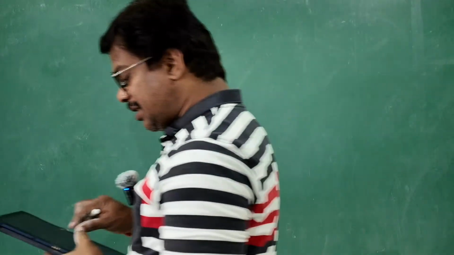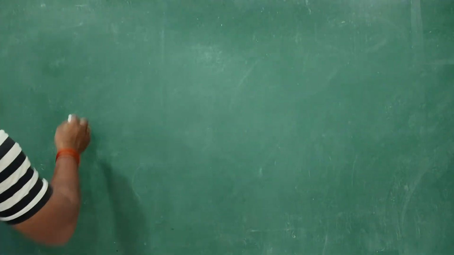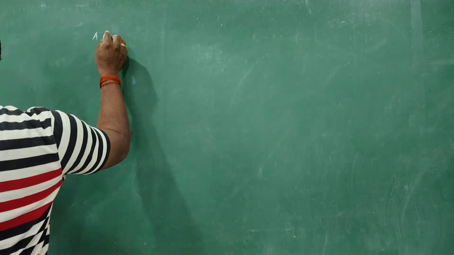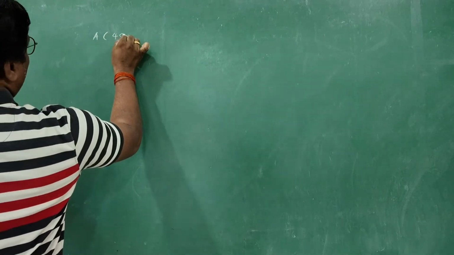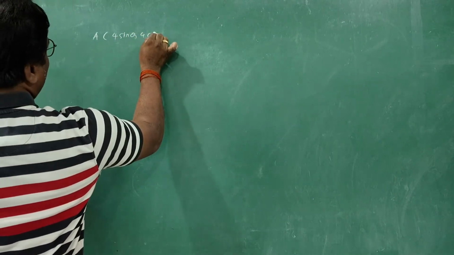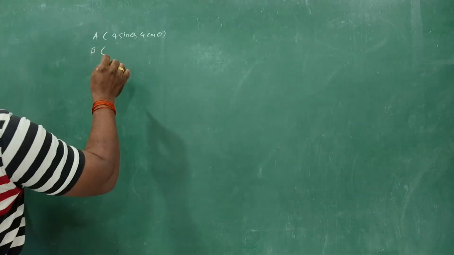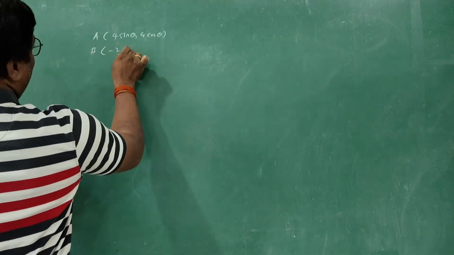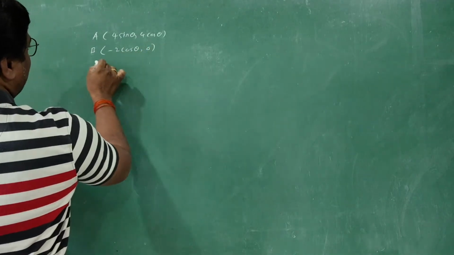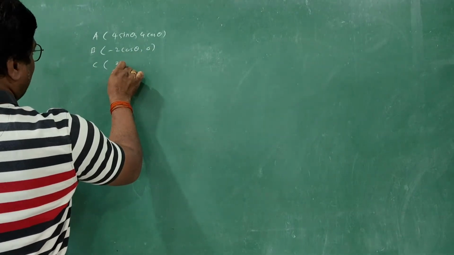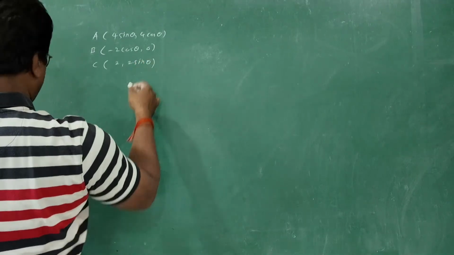In triangle ABC, coordinates of A are given as 4 sin theta comma 4 cos theta, coordinates of B are given as minus 2 cos theta comma 0, and coordinates of C are given as 2 comma 2 sin theta.